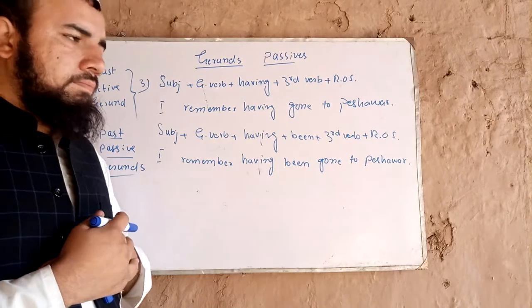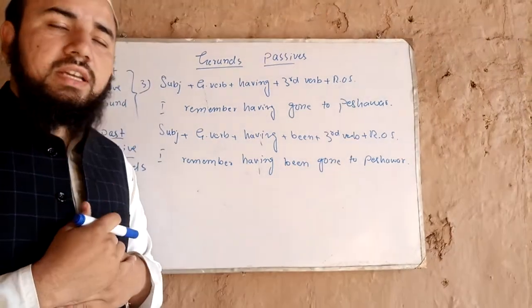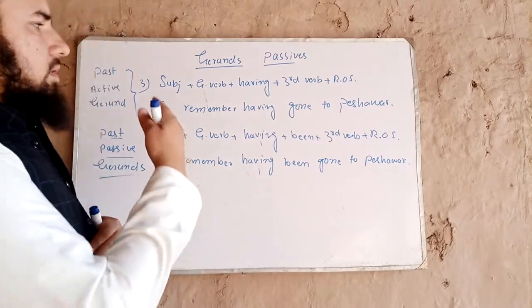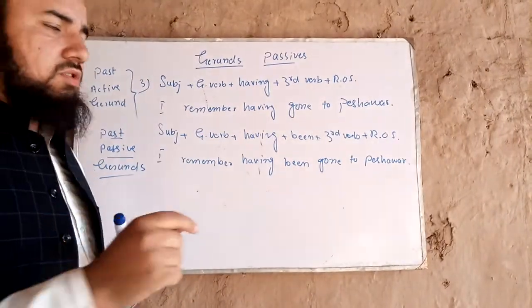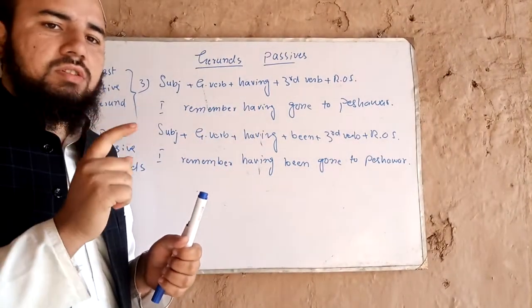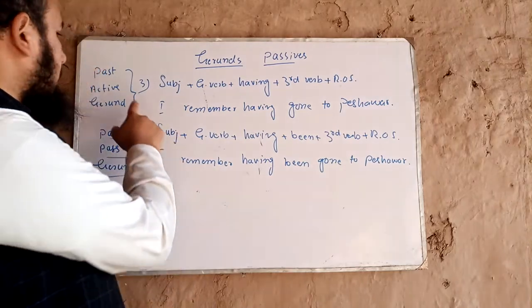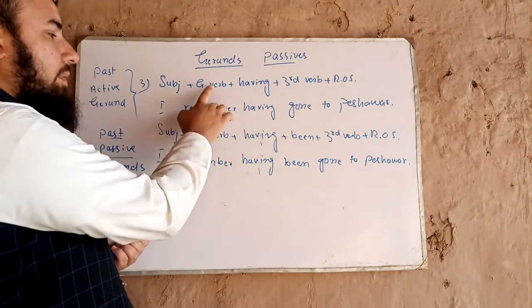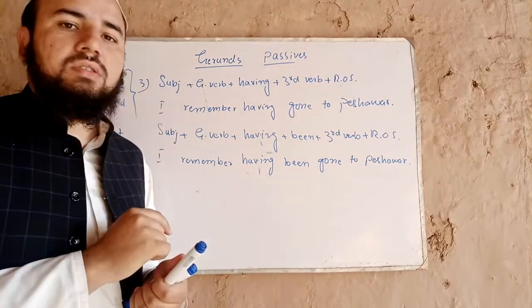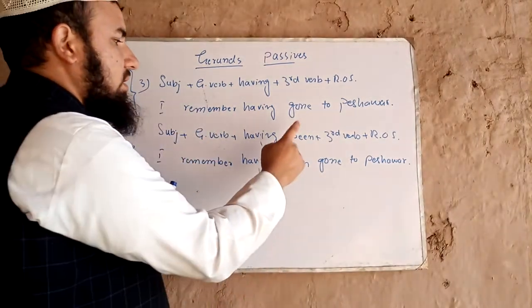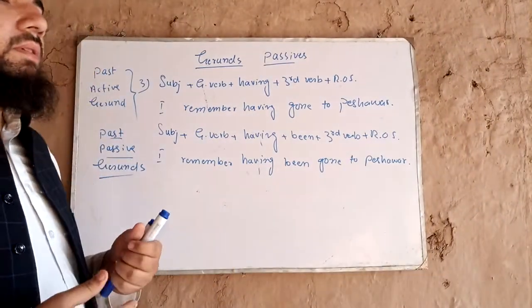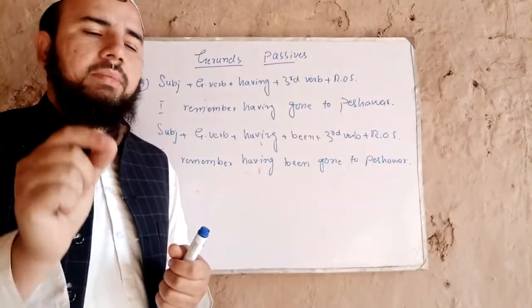And if we want to change that structure, we just add being. In the third structure we have having, this is our past active gerund. And now how will we change that to passive voice? In that structure we just add been. So it is very simple, we just add being and been in the structure.